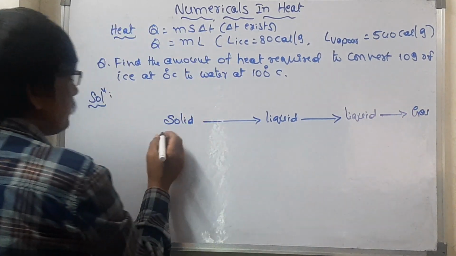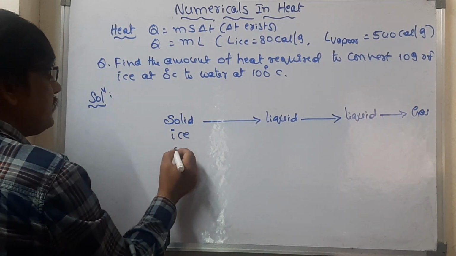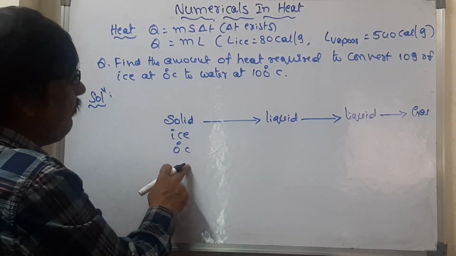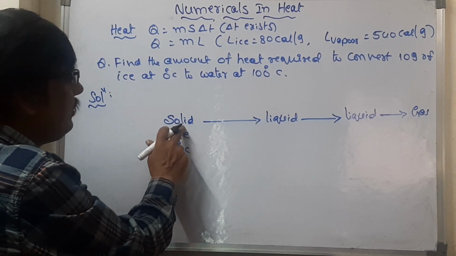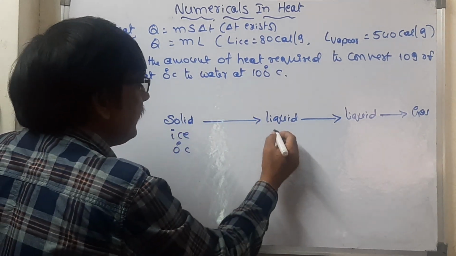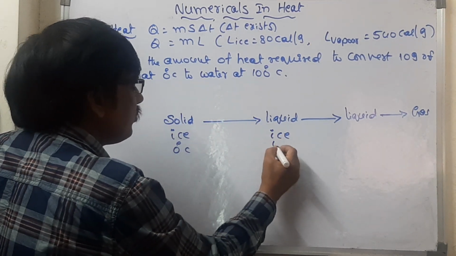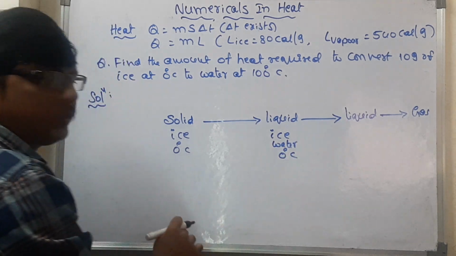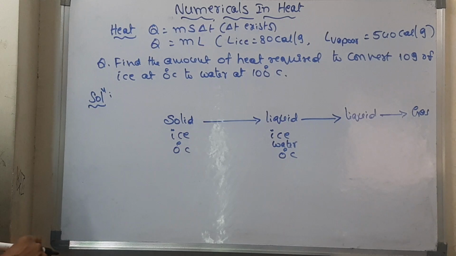Now let us take ice cubes. Ice cubes temperature is 0 degree Celsius. When we supply heat, this solid becomes water, that is ice water. Ice water temperature is also 0 degree Celsius only.